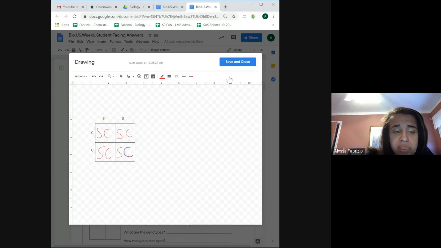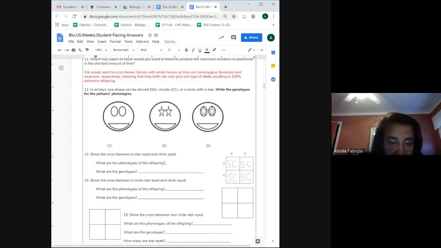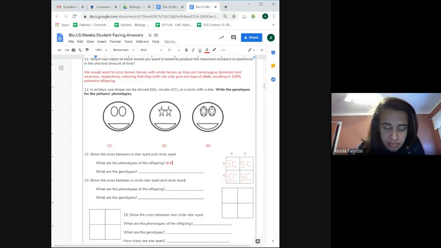So they would necessarily produce 100% circle with a star offspring. So 100% of their offspring, 4 out of 4, would be circle with a star, and 4 out of 4 genotype would be SC.